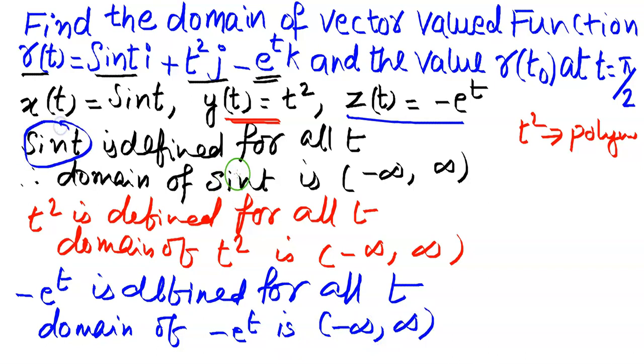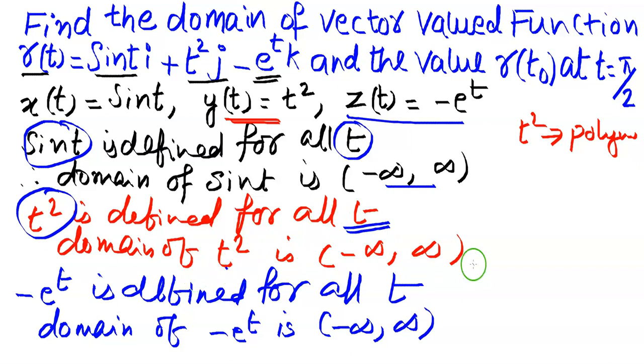Sin t is defined for all t. Therefore, domain is minus infinity to infinity. t square polynomial ആണ്. polynomials എല്ലാം continuous functions ആണ്. അതുകൊണ്ട് t square is defined for all t.